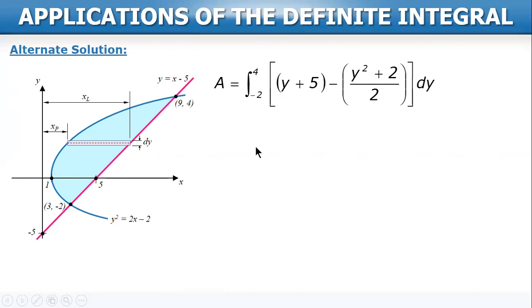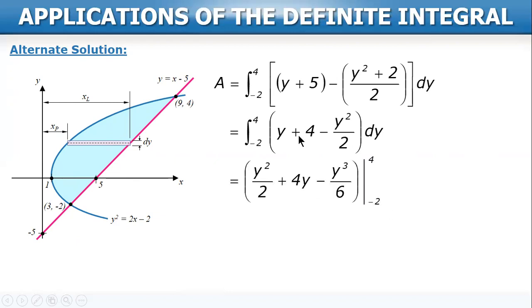And then combine like terms, y squared over 2 minus, no? 2 over 2 is 1. So 5 minus 1, you have 4. And minus y squared over 2. So you integrate y squared over 2 for y cubed over 3 times 2, you have 6.